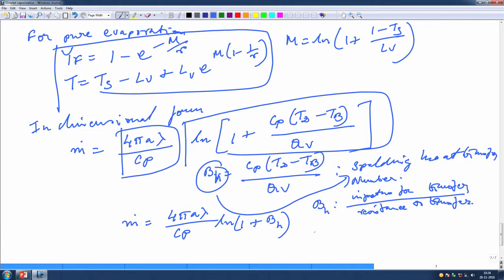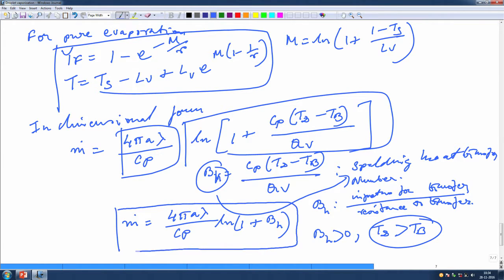In most cases Bh will be greater than 0 and T infinity will be greater than Ts, that is the surface temperature. That will always be the case because it is an evaporation situation. Now, how do you go to the d square law from here? We have already established this expression using the Spalding heat transfer number.